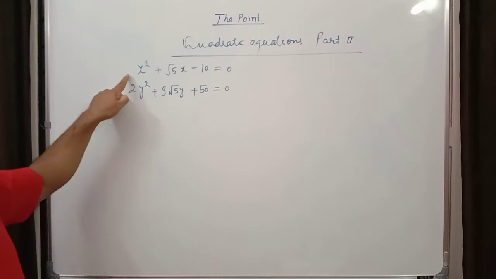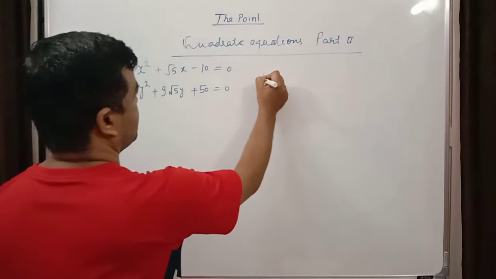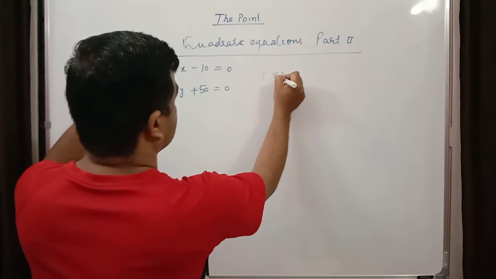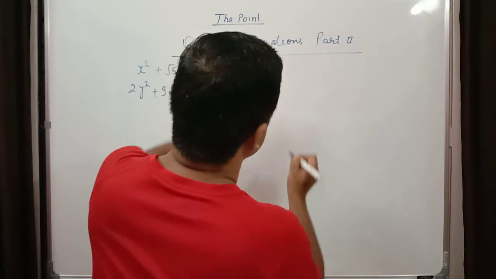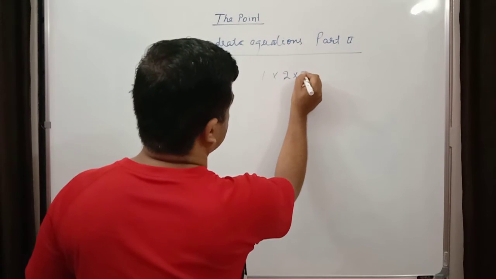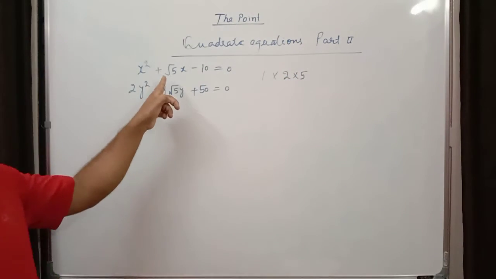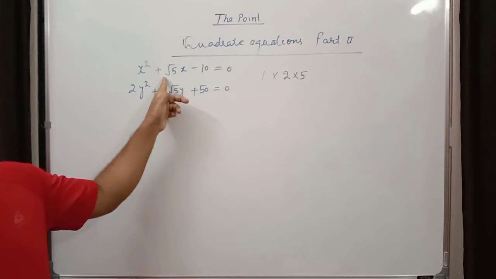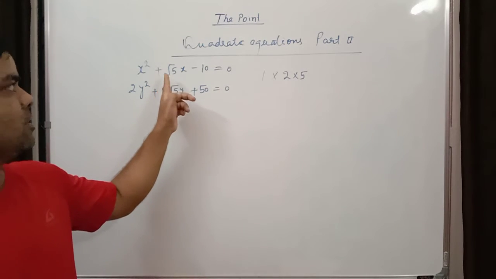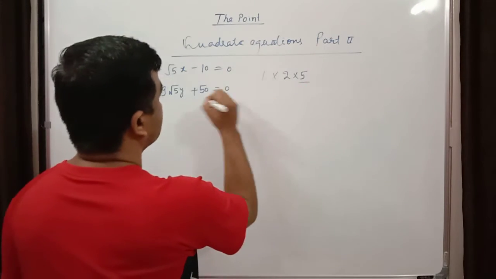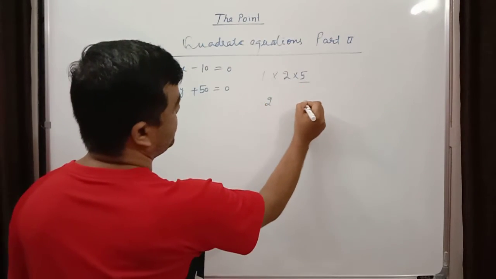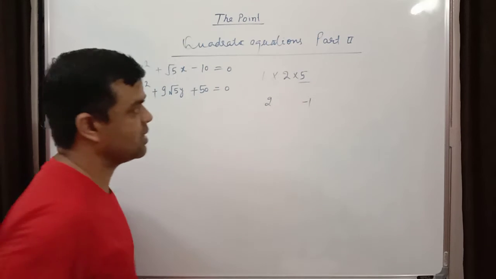Okay. So 10 is 1 into 10. So root 5, 10 means we can write 2 into 5. Okay. So root 5 is here. In the previous question I have already told you, take this root 5 out. So 5 is out, here remaining 2. So minus sign is here, so 2 will come here and minus 1 will come here.